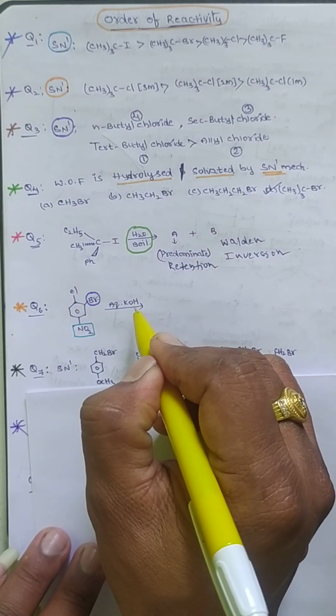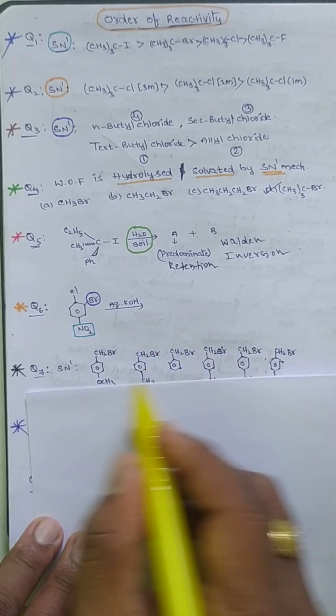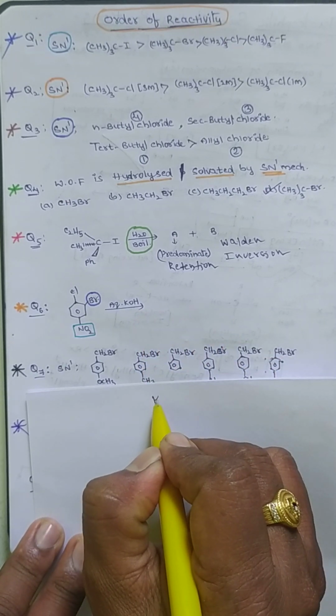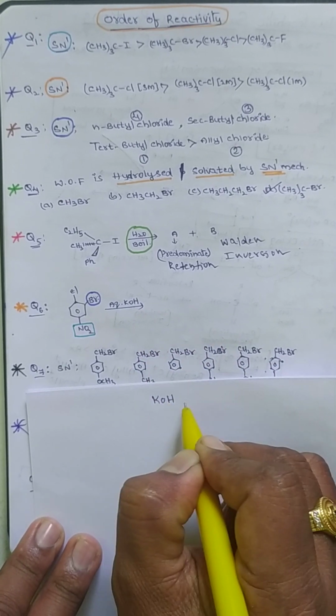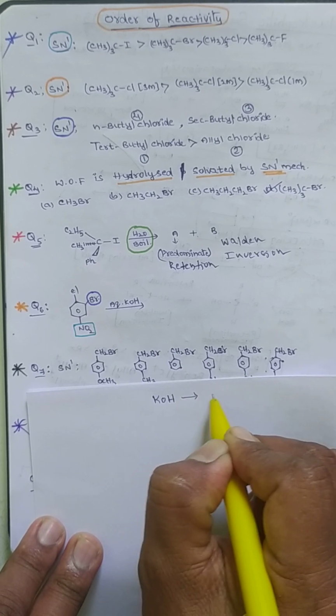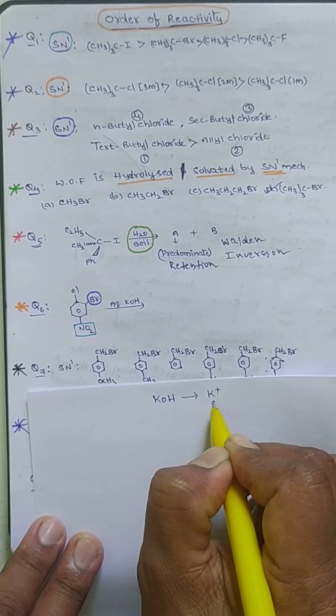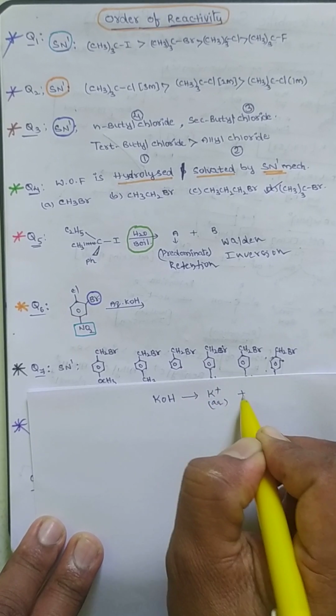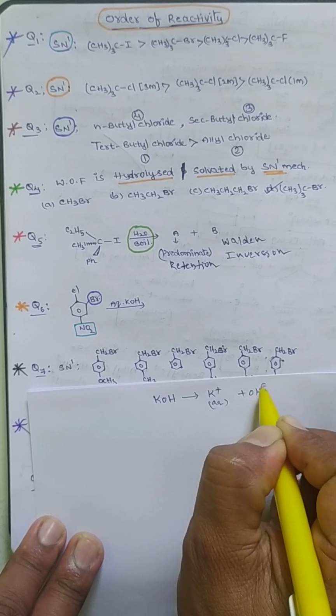So therefore substitution will happen here. Now when we take aqueous KOH, it means KOH is present in water. It will give K plus in the aqueous medium, and OH minus is also present in the aqueous medium.